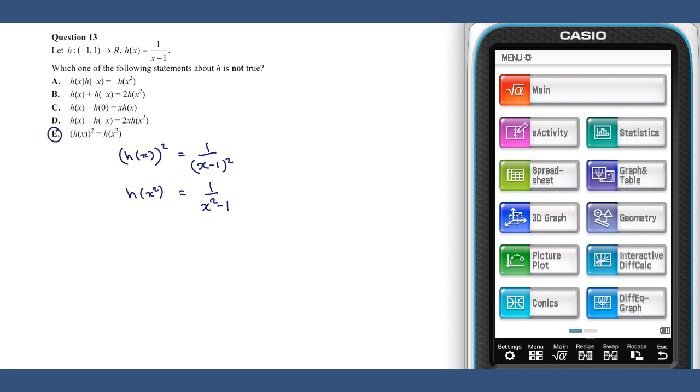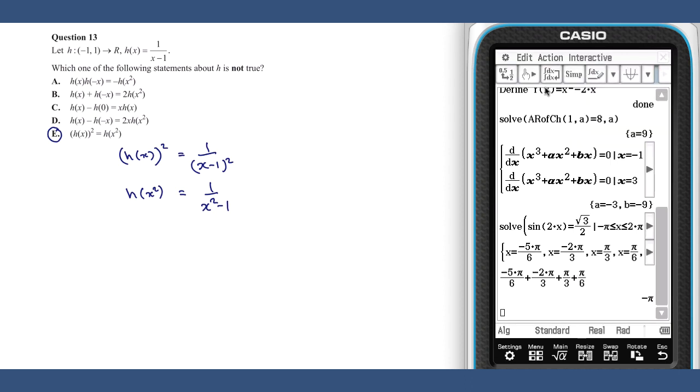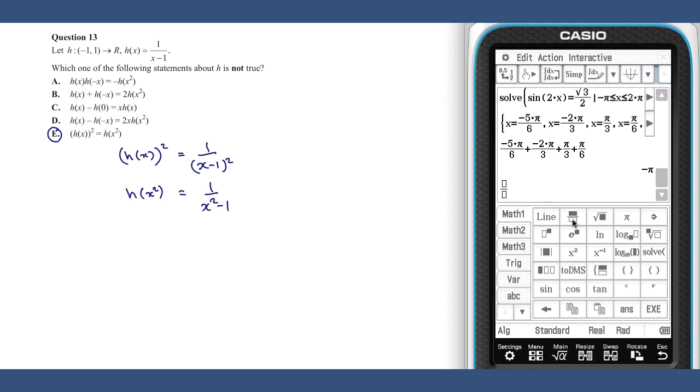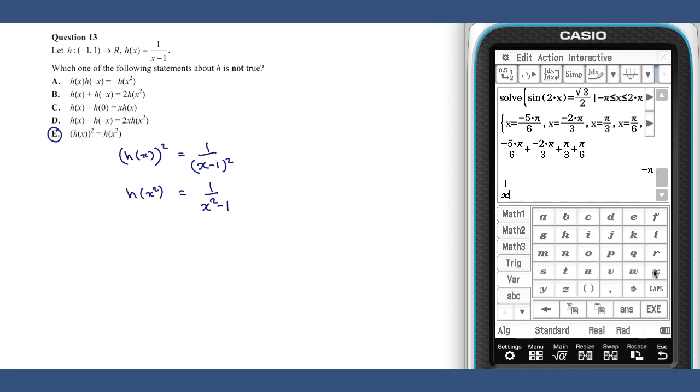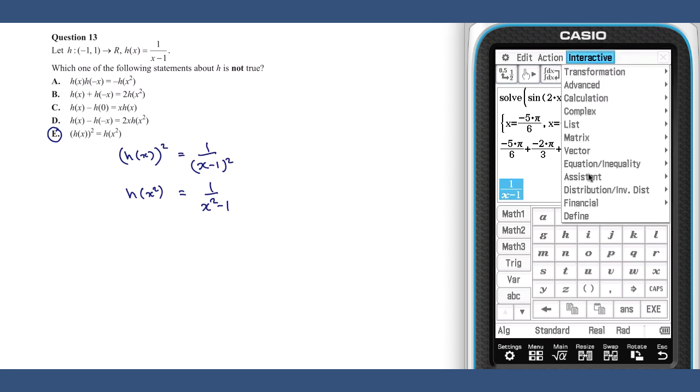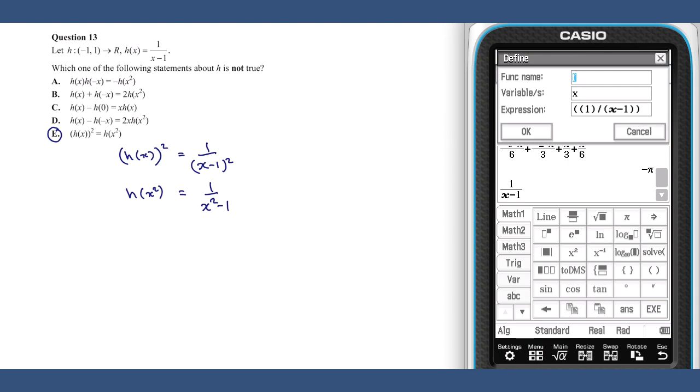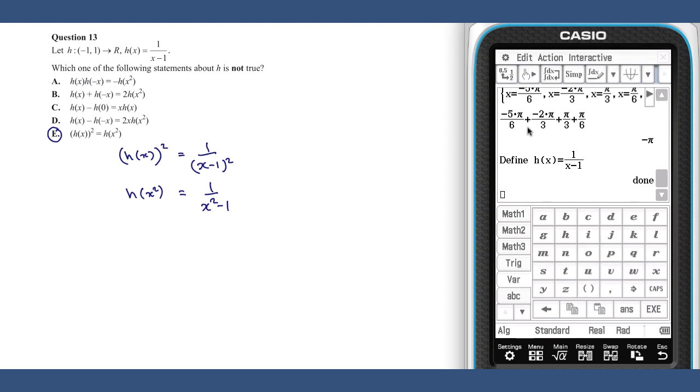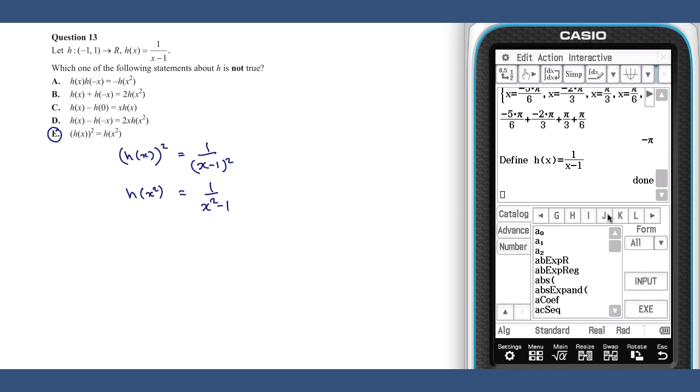Another way to gain this insight is to use the judge command on the class pad. First of all, we need to enter our function, and define it as h of x. Once we have defined h of x, we can call up the judge command, which is found in the catalogue menu.